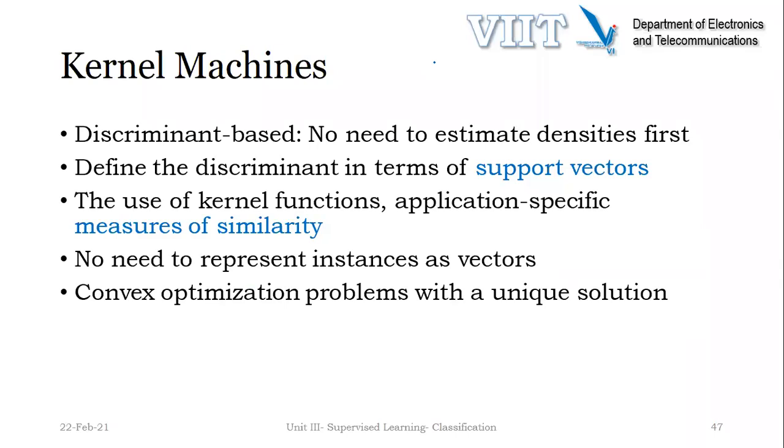Be it a regression problem or a classification problem, we have seen that there is a specific error function. In classification, at the start, we have seen that the error function used in regression as it is cannot be used in classification.